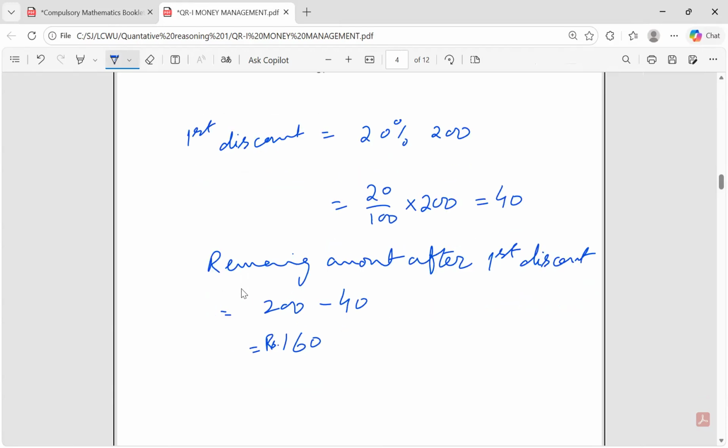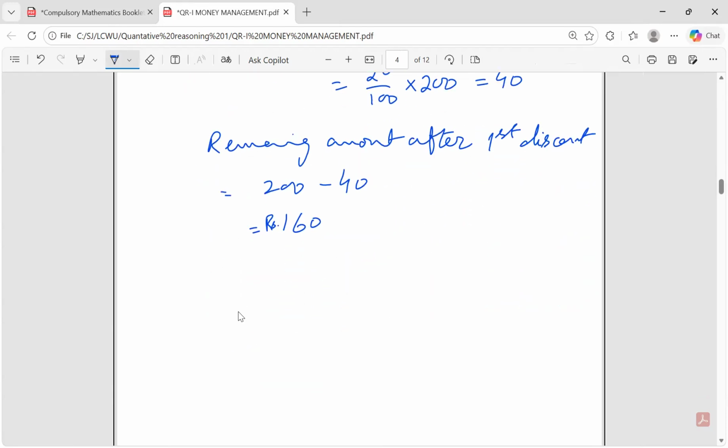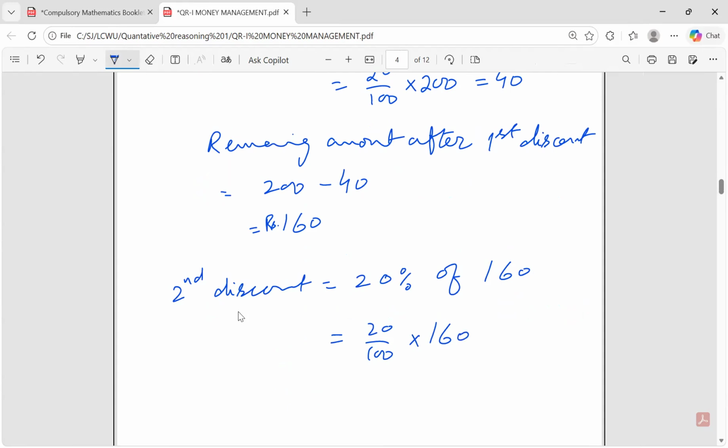Now the second discount is equal to 20% of the remaining amount, that is of 160. This is equal to 20 by 100 of 160. So if you simplify it, you will get 32 rupees.